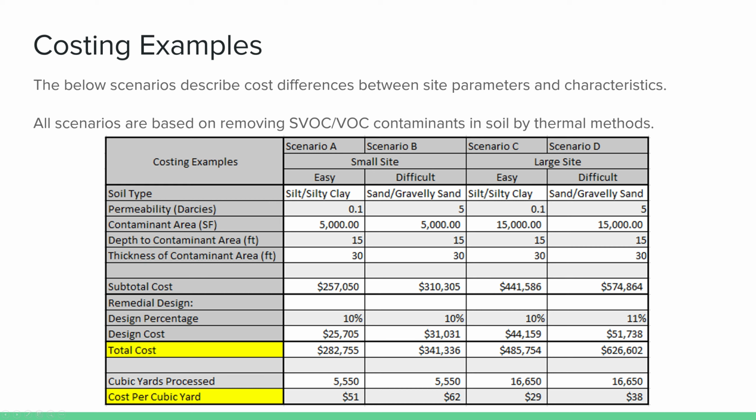So what to note here is, while a large site is more expensive overall, you can consider it almost as buying in bulk. Your cost per cubic yard is overall cheaper than a small site.